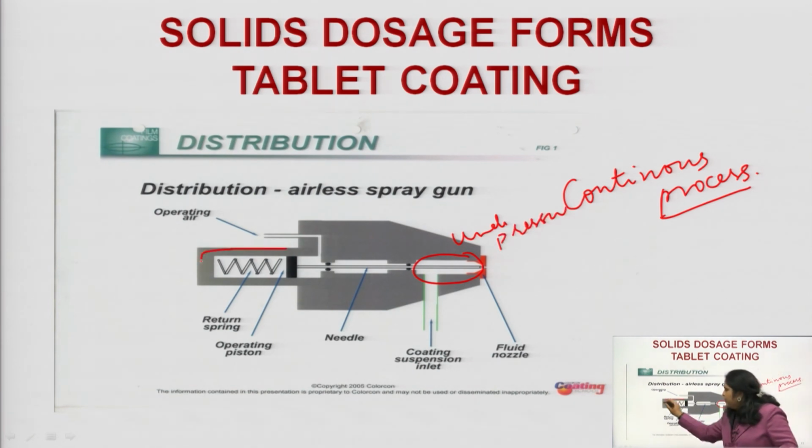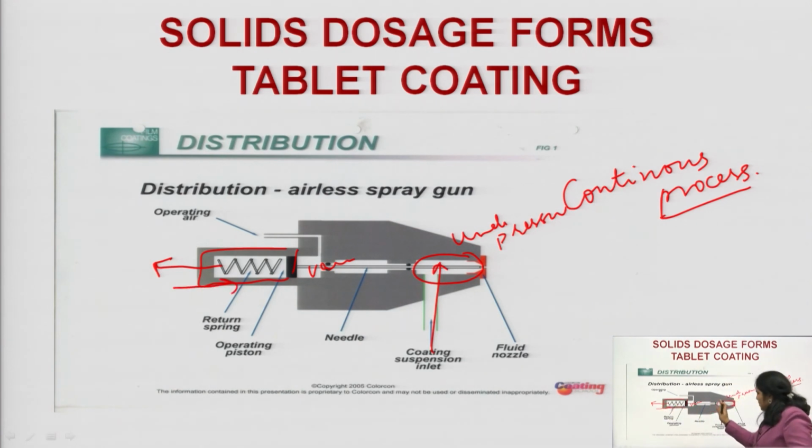There is a spring. When this spring is pulled back, the piston is moved, a vacuum is created here, and the coating solution is sucked inside. When we push the piston, the coating solution comes out of this nozzle under high pressure and is sprayed into fine droplets, the atomization process.